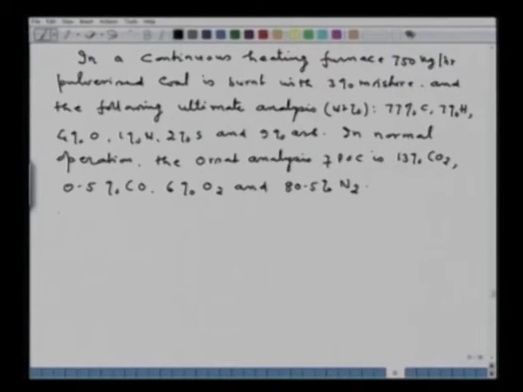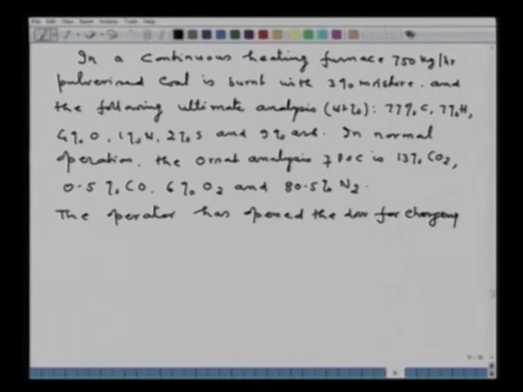What has the operator done? The operator has opened the door for charging. He observes that the analysis of POC is changed.